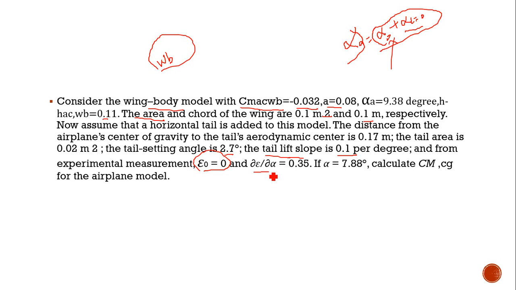Then dou epsilon by dou alpha is equal to 0.35. If alpha equal to 7.88 degree, calculate the moment about the center of gravity for the airplane model. So we need to calculate the moment about the center of gravity for the airplane model.